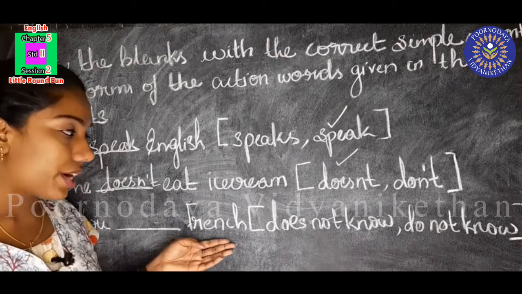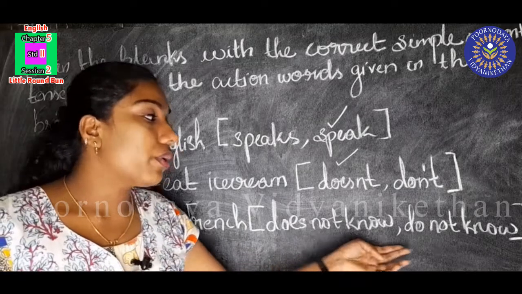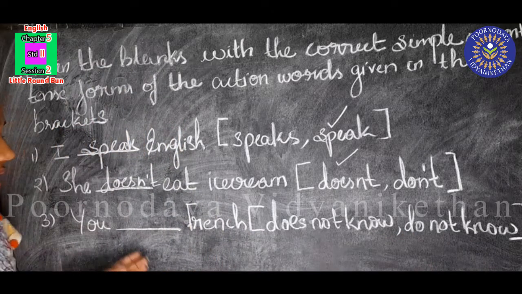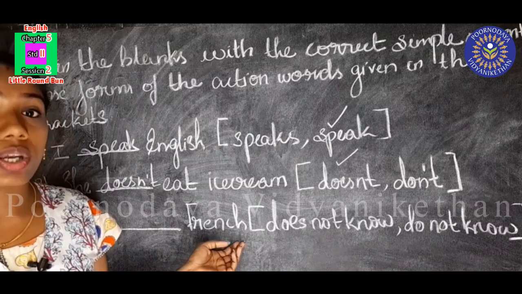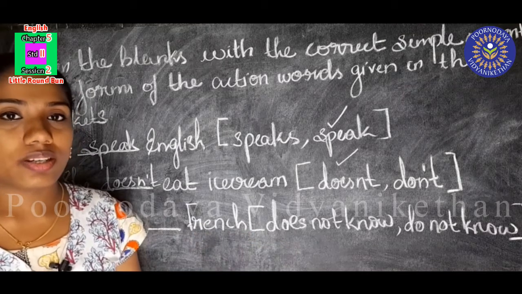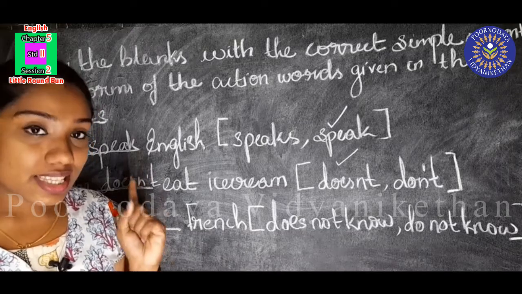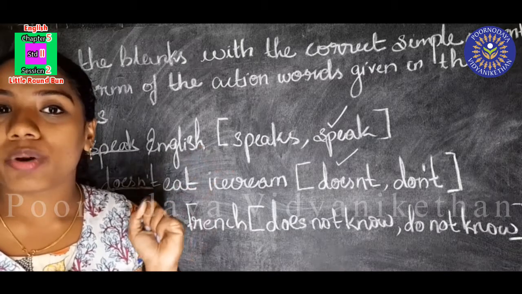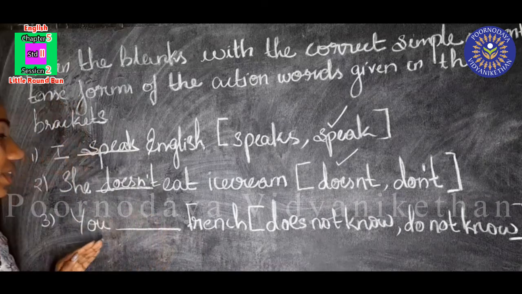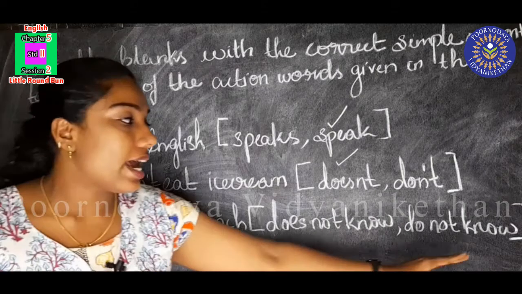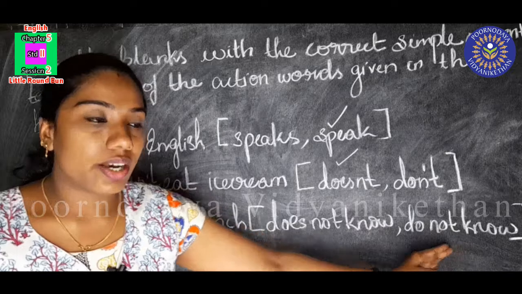Now we are going to do the third one. You dash French. You does not know French or you do not know French. Can you tell me the answer? We have already learned in singular form and in plural form, with you, we always add do not.